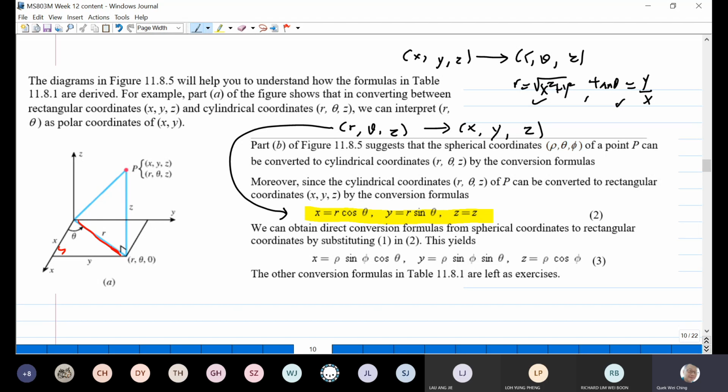Now, let's look at the other one. Suppose you have spherical coordinates, rho, theta, phi. I want to convert spherical coordinates to x, y, z.